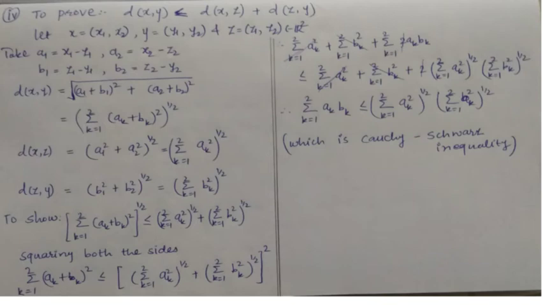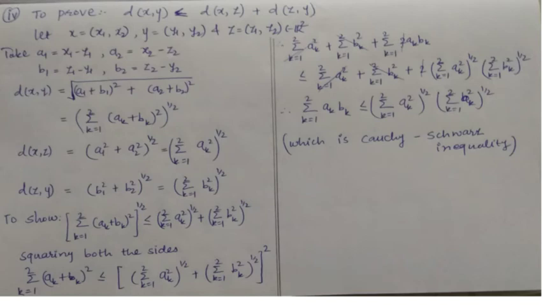Similarly, I process for dxz. So what is the definition? dxz is equal to square root of (x1 minus z1) whole square plus (x2 minus z2) whole square. But I let x1 minus z1 be equal to a1. So instead of x1 minus z1, I can write a1.